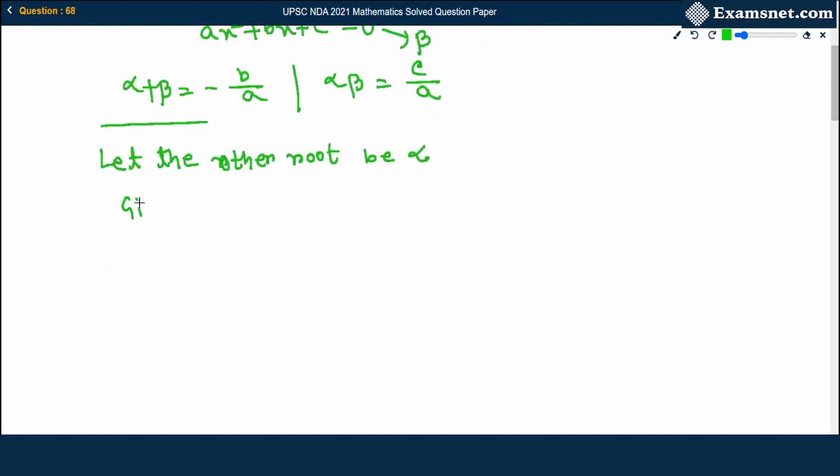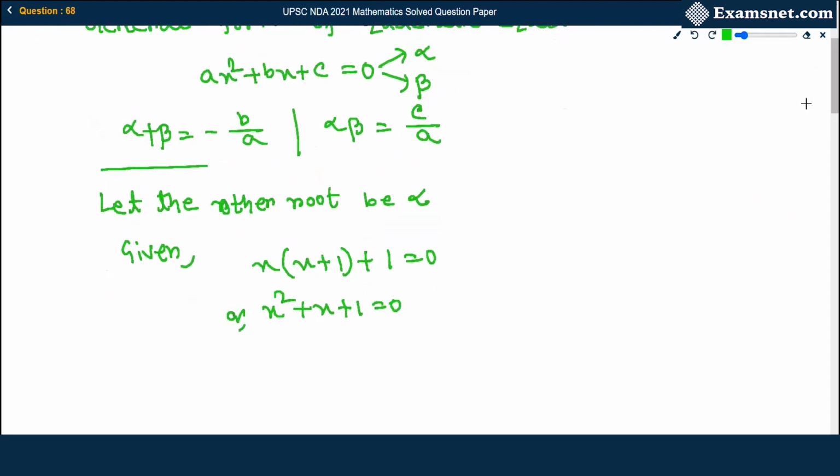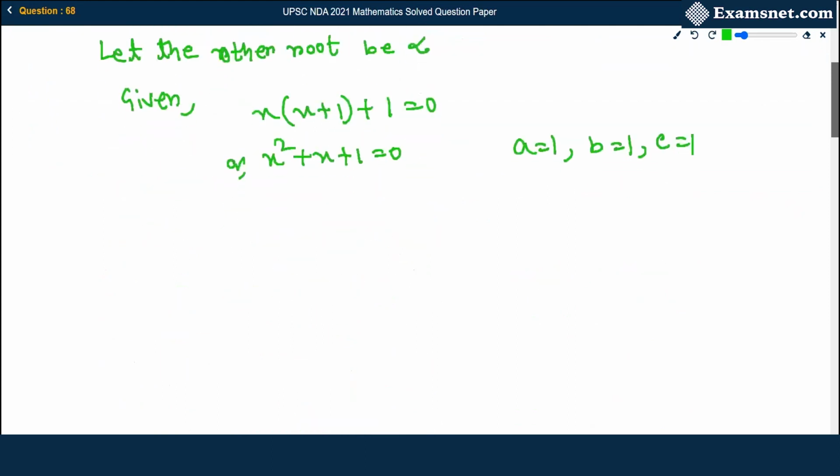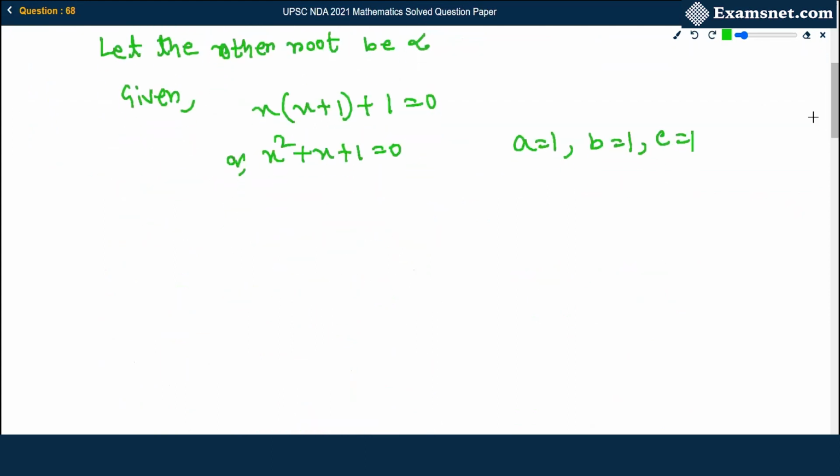The given equation is x multiplied by (x plus 1) equals 0. So it becomes x square plus x plus 1 equals 0, right? If we compare this quadratic equation with the general form, we can write a equals 1, b equals 1, and c equals 1. As it's given that k is one of the roots, k will satisfy the equation.